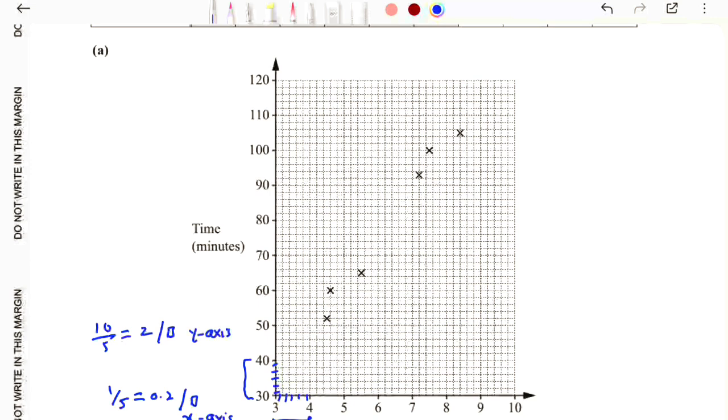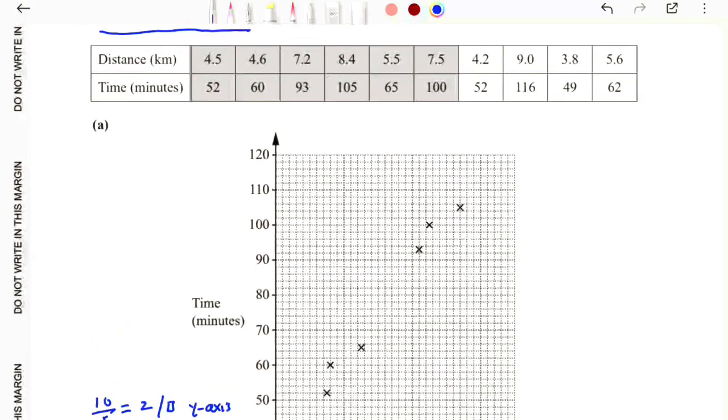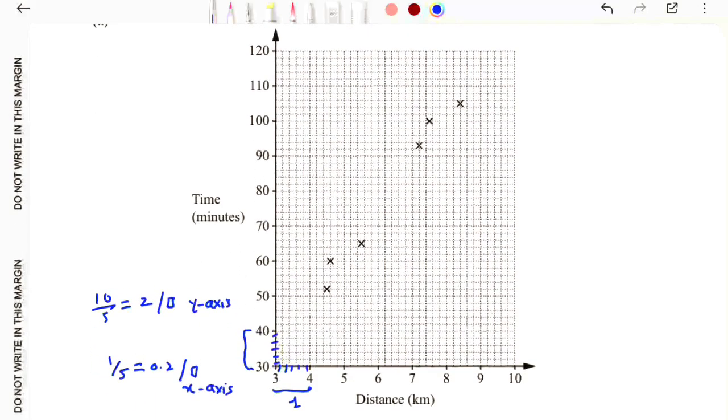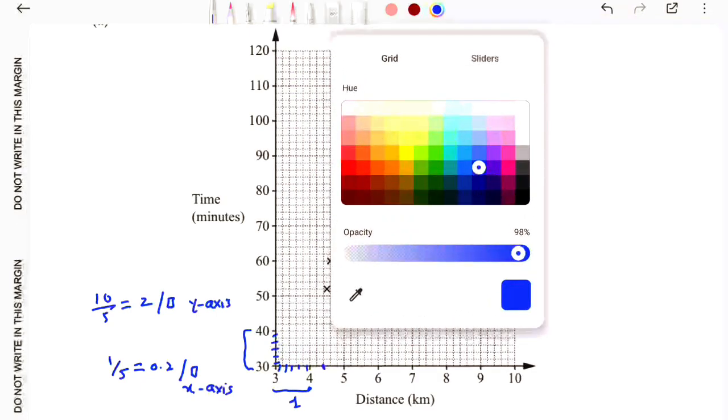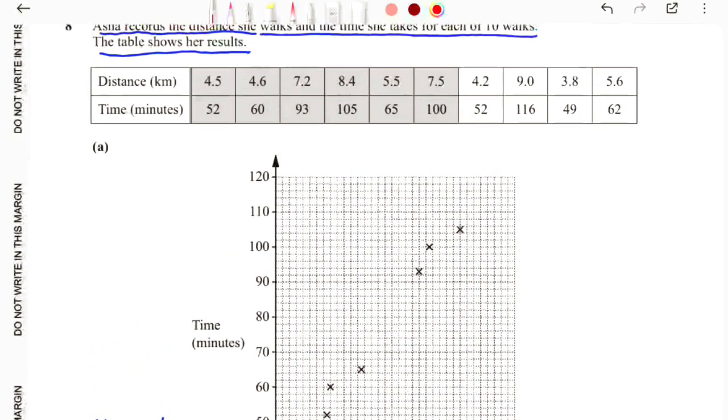So afterwards we are going to plot the rest of the values, as the shaded ones have already been plotted. So against 4.2 we have to plot 52. So 4.2 would be here, and 52 would be here approximately.